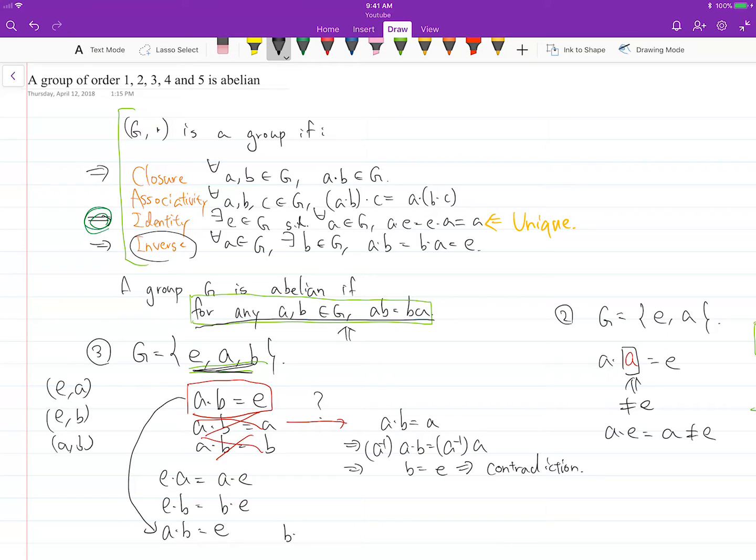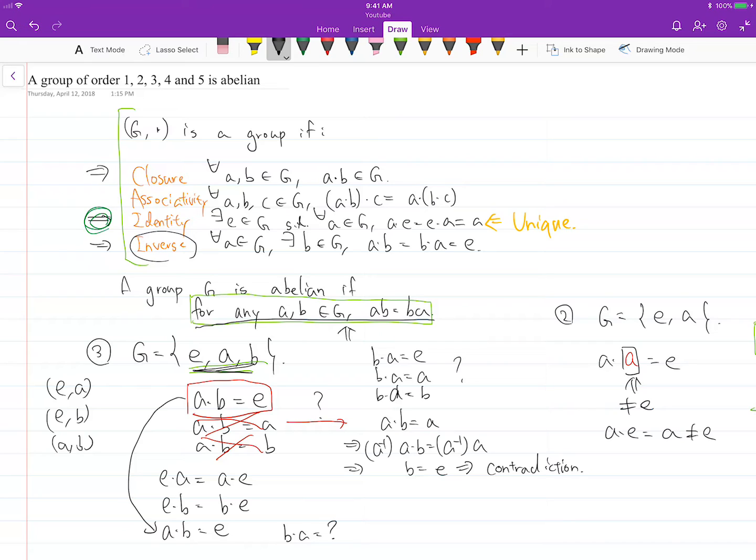Then what about B times A? We want it to be E, right? Because we want to say that A times B equals B times A. And we can actually use the exact same argument. So is B times A equal to E, or B times A equals A, or B times A equals B? One of these has to be true.